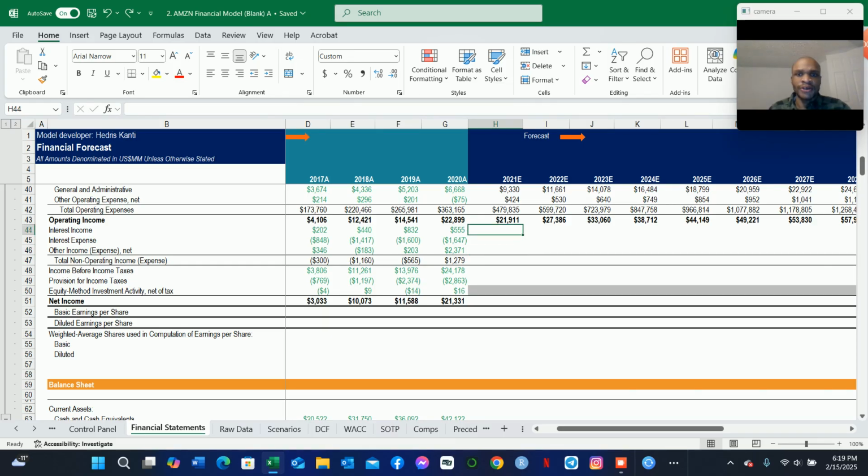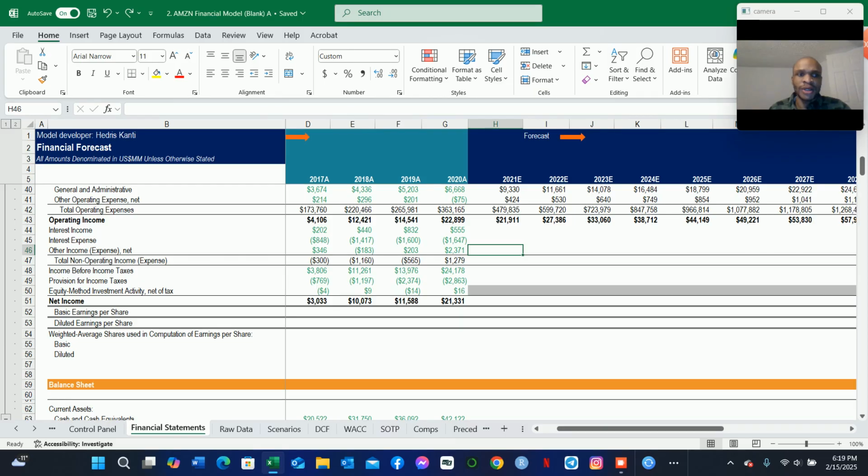When we are done with the cash flow statement, we will have Amazon's end of period cash balance, and we're going to calculate the interest income generated from the cash balance in its bank account, and then the total non-operating income. We just fill that formula right.